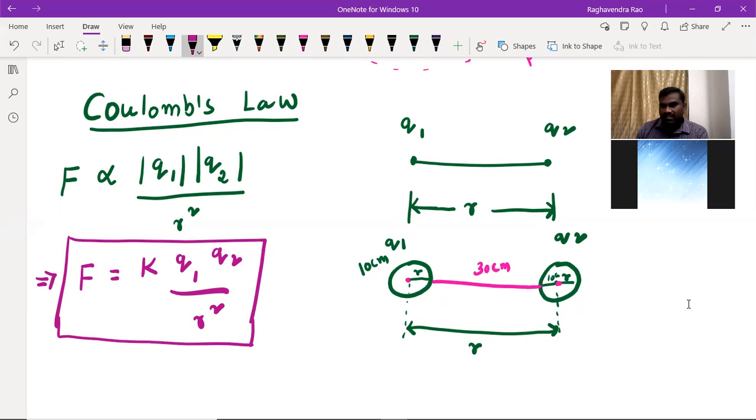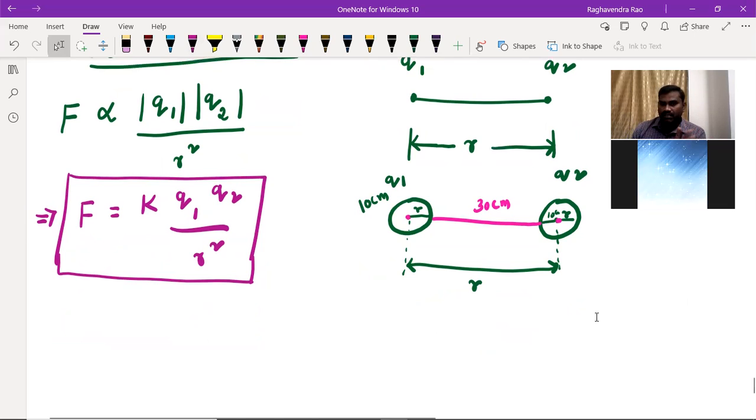We are not considering the type of force, which may be attractive or repulsive, as that depends on the nature of the charges. How the force direction will be represented, we will give in the vector form of Coulomb's law, which we will discuss separately. There we can represent the direction of the force along with the sign of the charges and whether it is attractive or repulsive. So in general this force can be either attractive or repulsive.